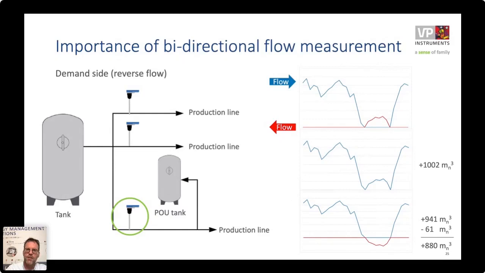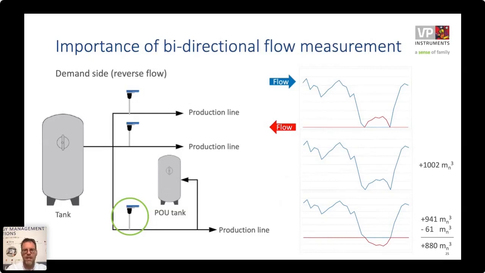In some applications, you will find bidirectional flow issues, and we've seen that a lot in bigger networks where there are multiple compressed air stations that generate the compressed air, but also where you have users downstream with their own point of use receiver tanks.